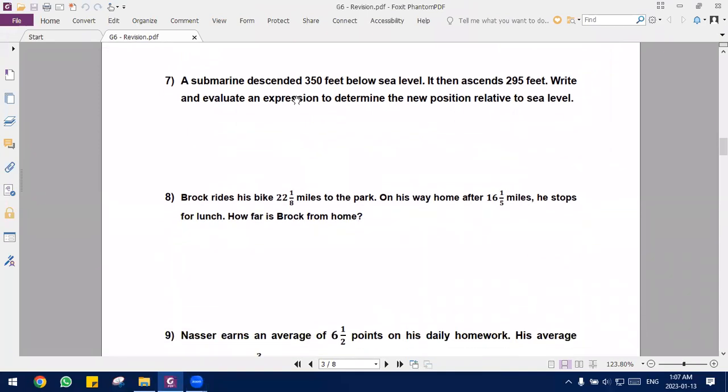Question 7. So a submarine descends 350, descends, goes down, but then after that it ascends, means going up by 295 feet. So they have different signs, so we subtract them.